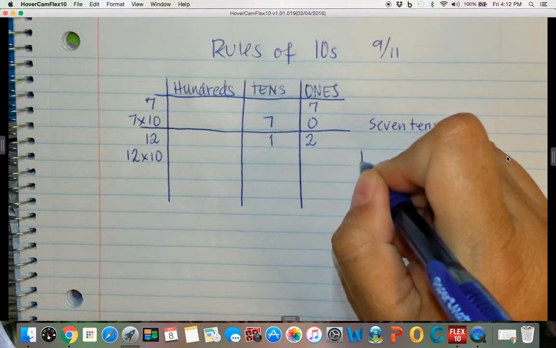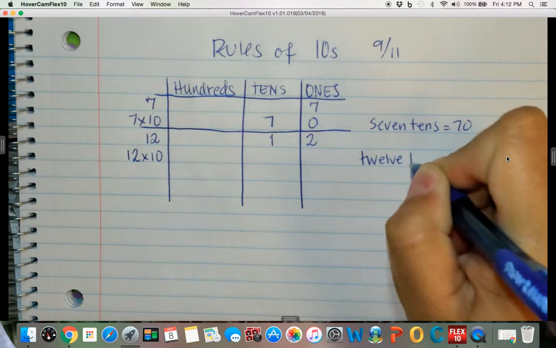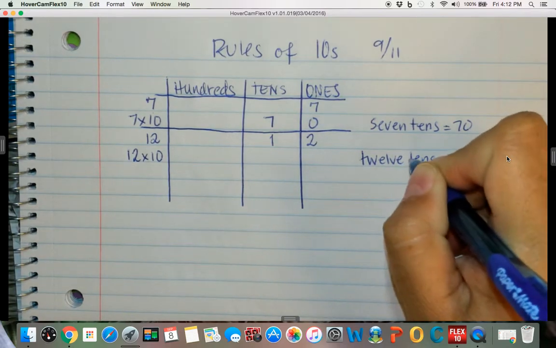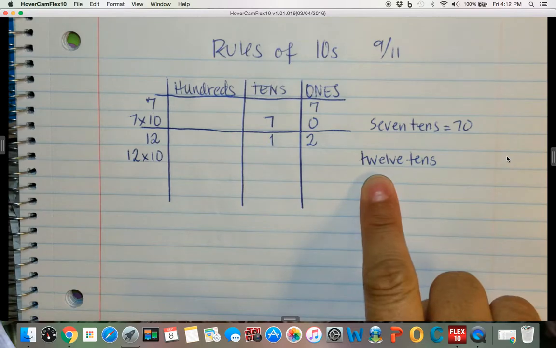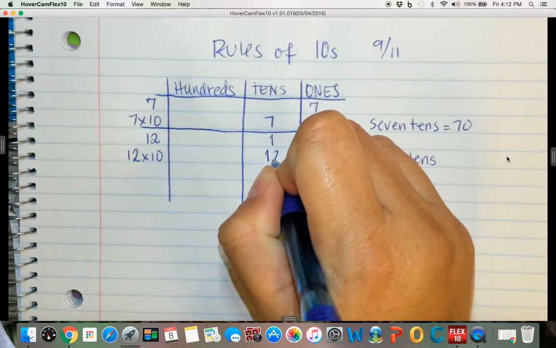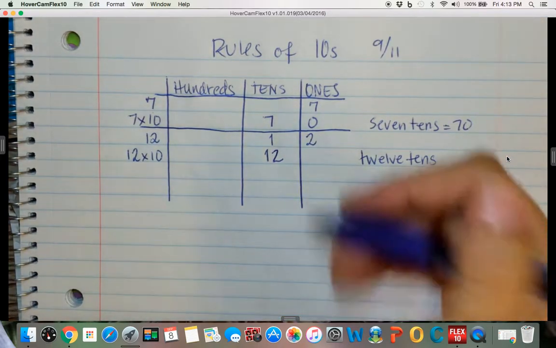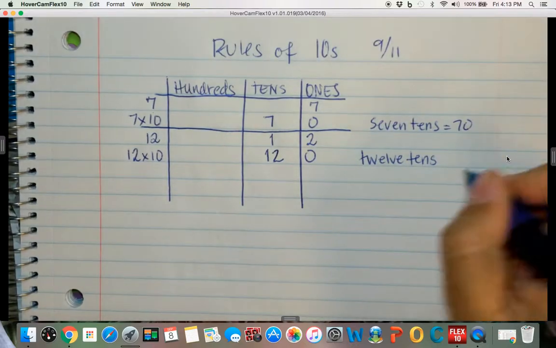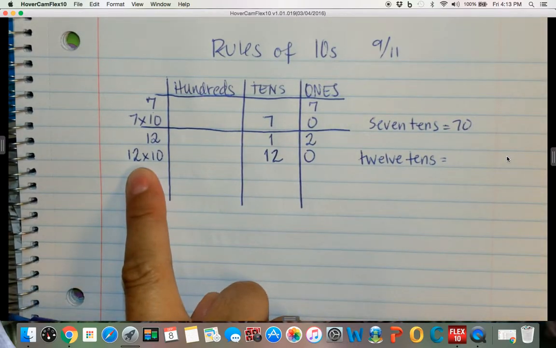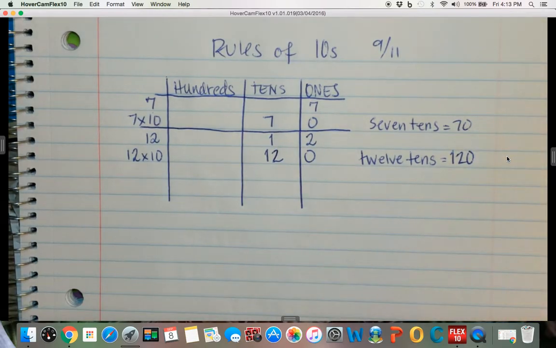That makes 12 tens. 12 tens. So my 12 moves to the tens spot, and I have to have a placeholder in my ones. That means my number, 12 times 10, is 120.